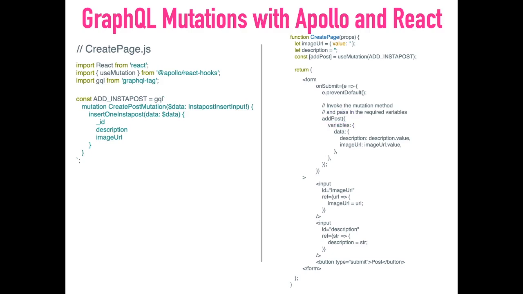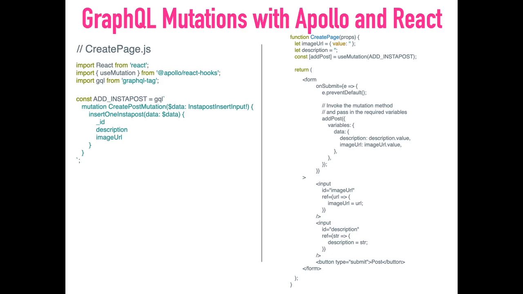So I have the variables and the data, and then pass through the description and image URL from the form. And that's it, right? It's a method that gets invoked when we want to create something, and in this instance, it's passed form data from our application.